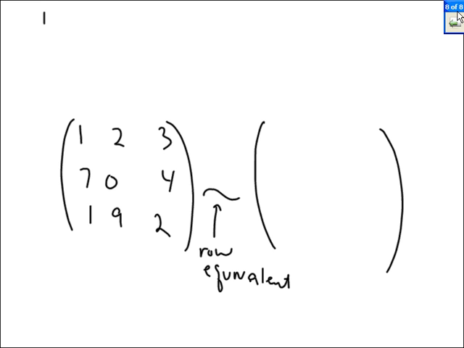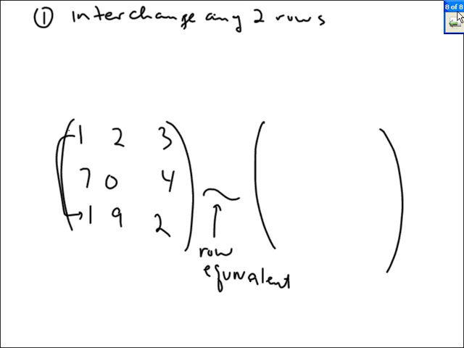One operation is you can interchange any two rows. In other words, you can interchange the first and the third row. That is, in the location of the first row, you put the third one.